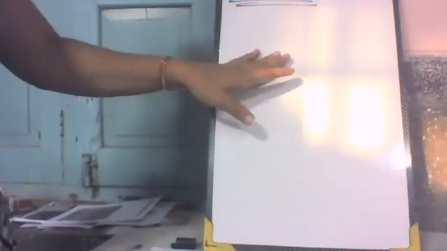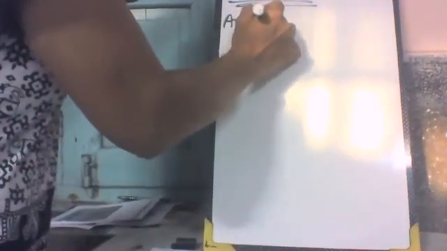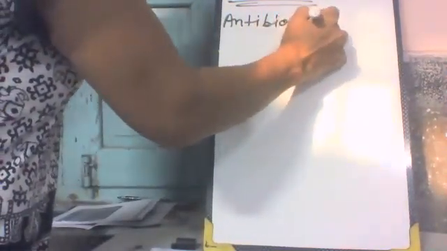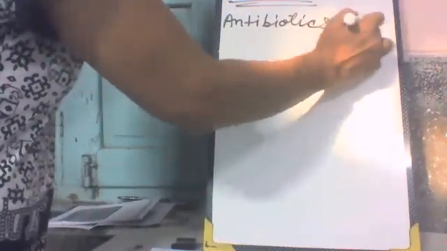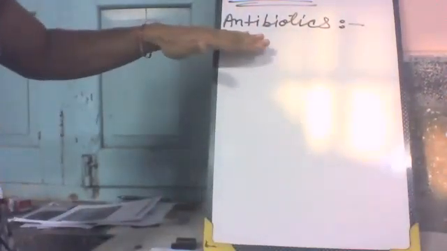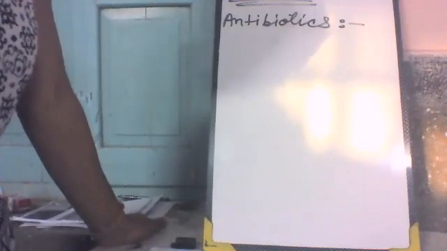See, medicines that kill bacteria or slow down their rate of growth are called antibiotics. In antibiotics, they kill the bacteria or slow down the rate of growth.